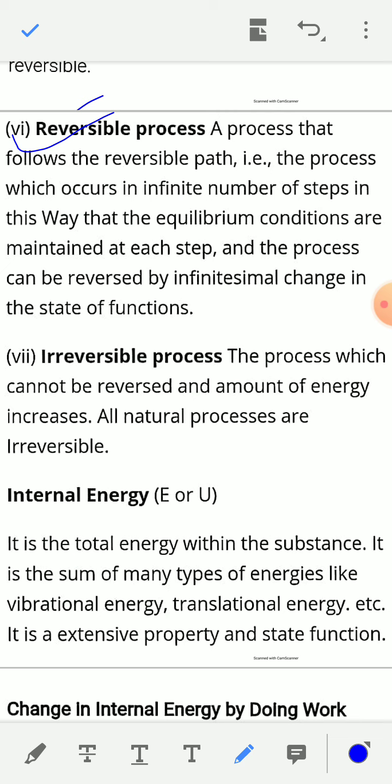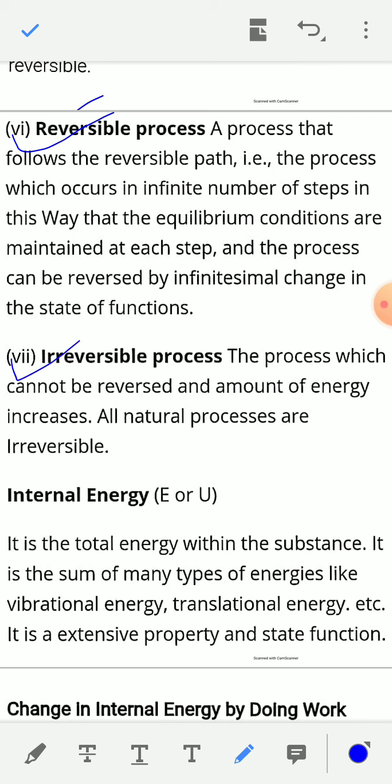So reversible process is a process that follows the reversible path, which occurs in an infinite number of steps in such a way that the equilibrium conditions are maintained at each step, and the process can be reversed by an infinitesimal change in the state function, that is change in temperature, pressure, volume.